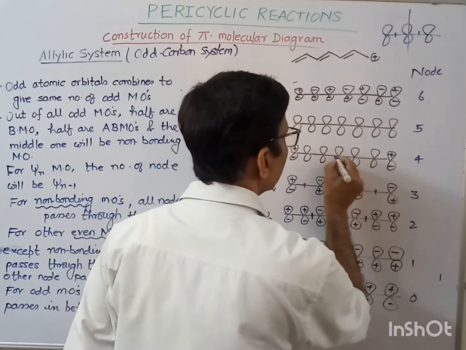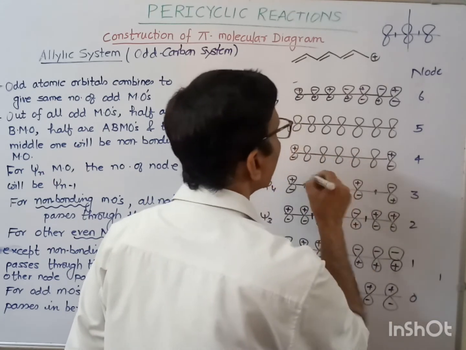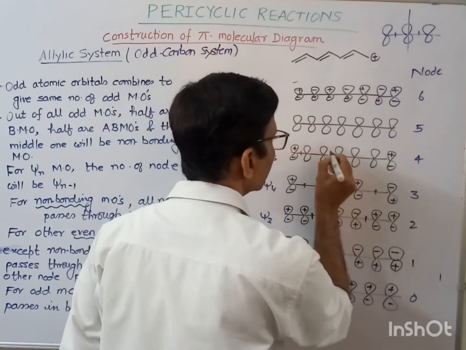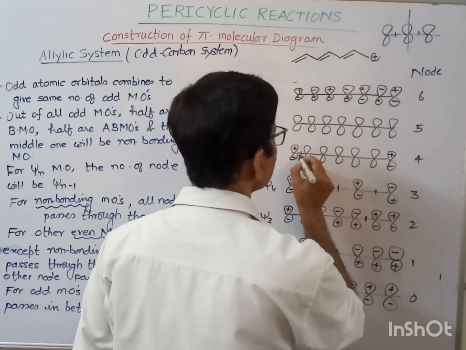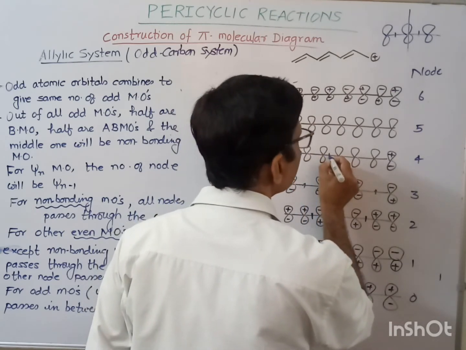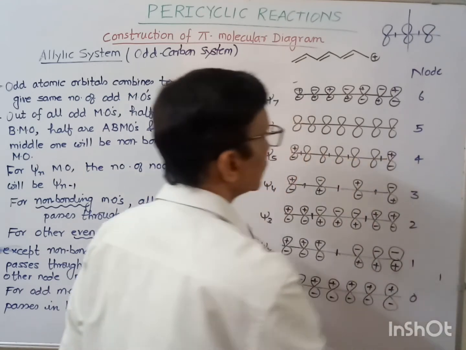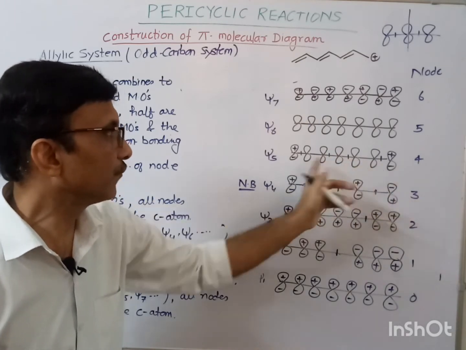I can put the nodes as 1, 2, 3, 4, or some other distribution you will see. So I may put the node at this place, and then this one, and then this one, like this. So here there are 1, 2, 3, 4 nodes.